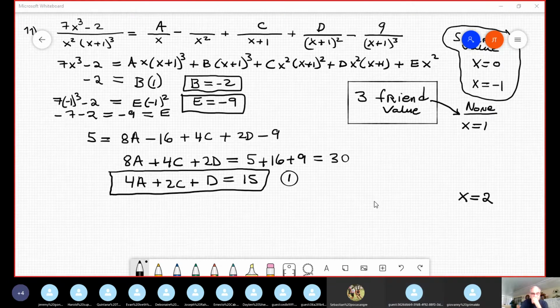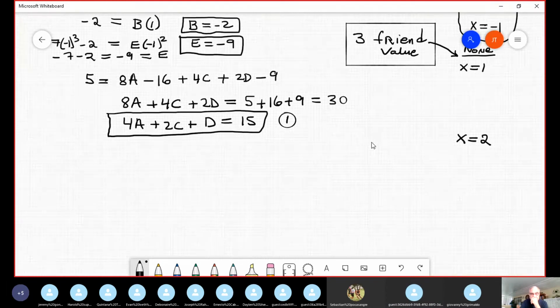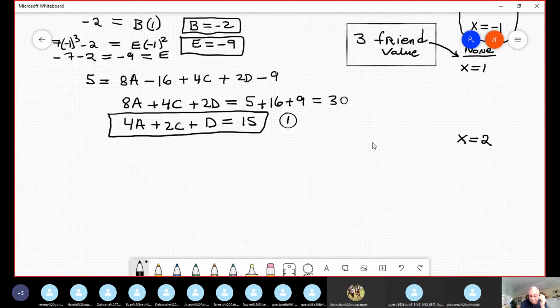Okay. Now, suppose x equal to 2, no? Another frame value. So you evaluate in 2, so 7 times 2 cubed minus 2. 2 cubed is 8. 8 times 7 is 56. 56 minus 2 is 54.